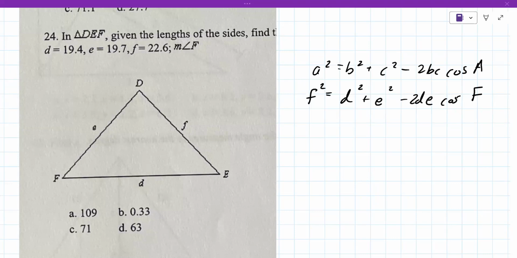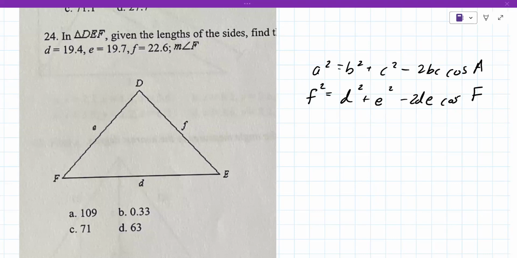What I got was, oh, wait. I don't know on this one.